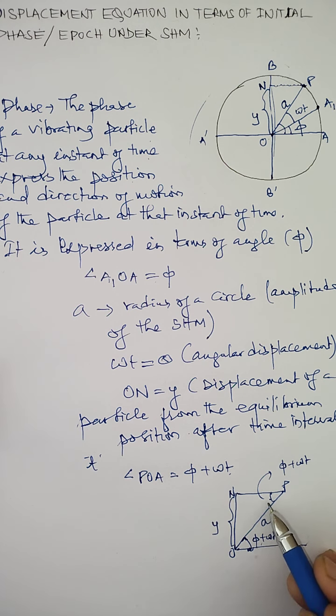Because the two angles are alternate angles, because the two lines are parallel. When two lines are parallel and one line is a transversal, the alternate angles are equal.